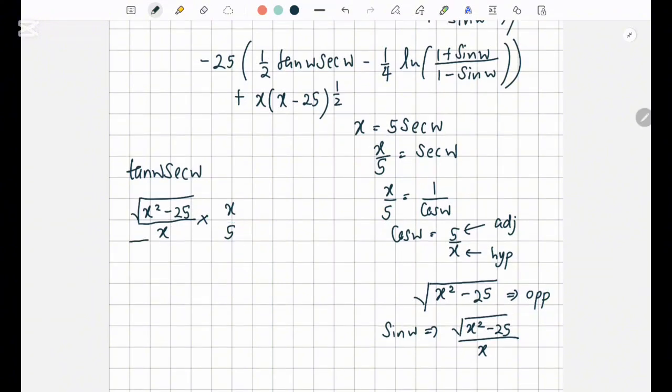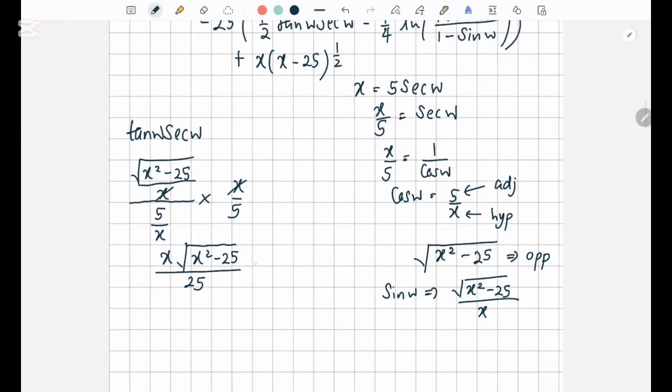So we have over cos w, which is 5 over x. Now you can see that x will cancel off, and then you can take the x up, so it's x root x squared minus 25 over 25, because 5 into 5 is 25.